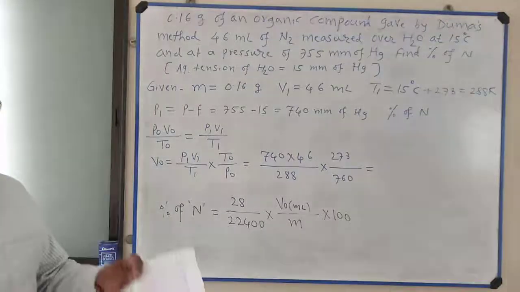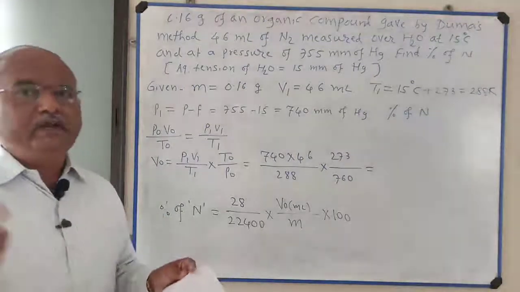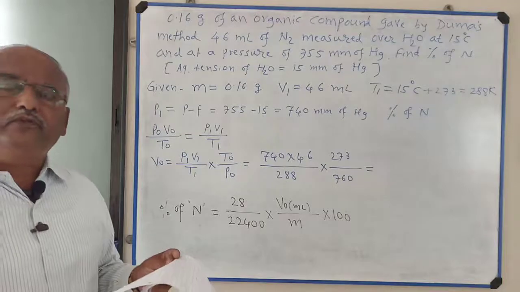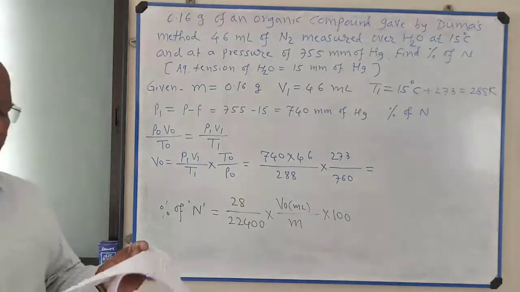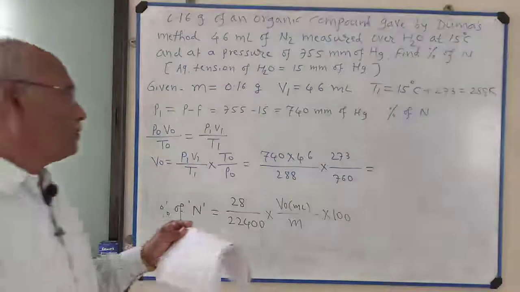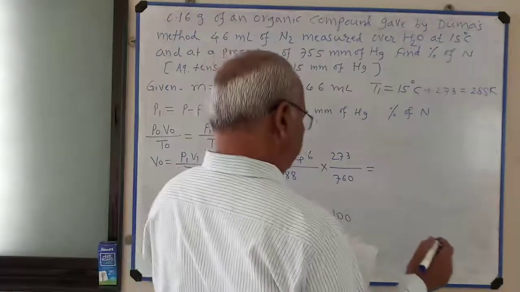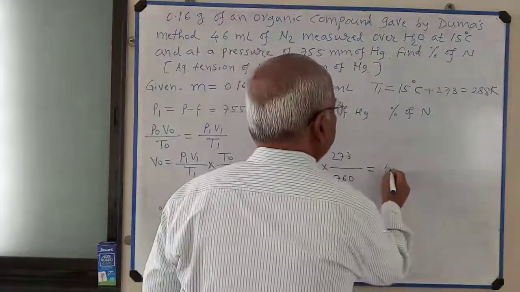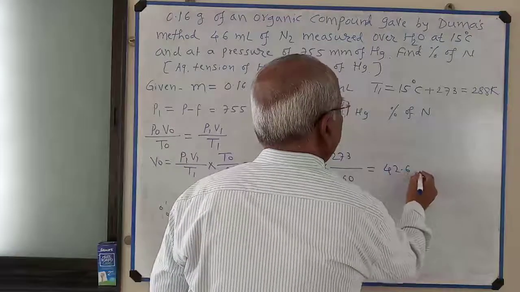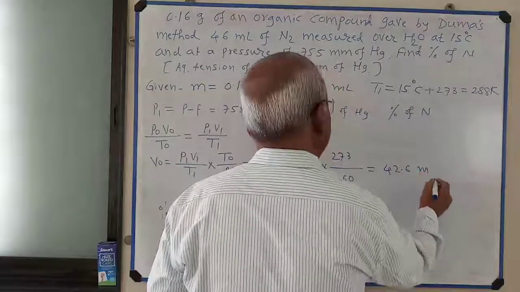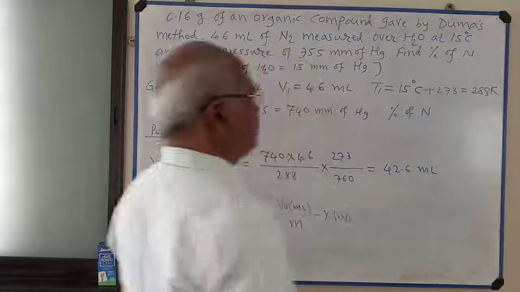Simplify this by following the tricks that you use for making calculations. The approximate answer is 42.6 ml. Phi0 is equal to 42.6 ml.